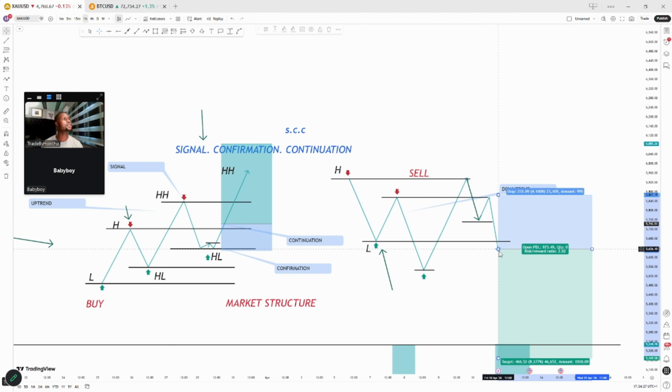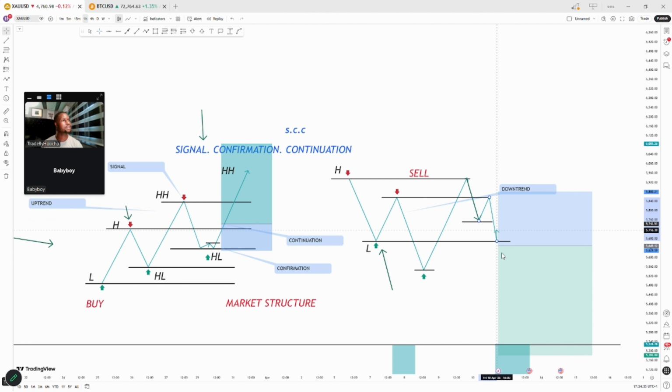So once these sellers succeed in holding this price, and break this level of the buyers, which is this level right here, this is your entry. Once you enter from this level, the price is going to ride all the way down. You get it now, because this is clearly selling, this is a downtrend.